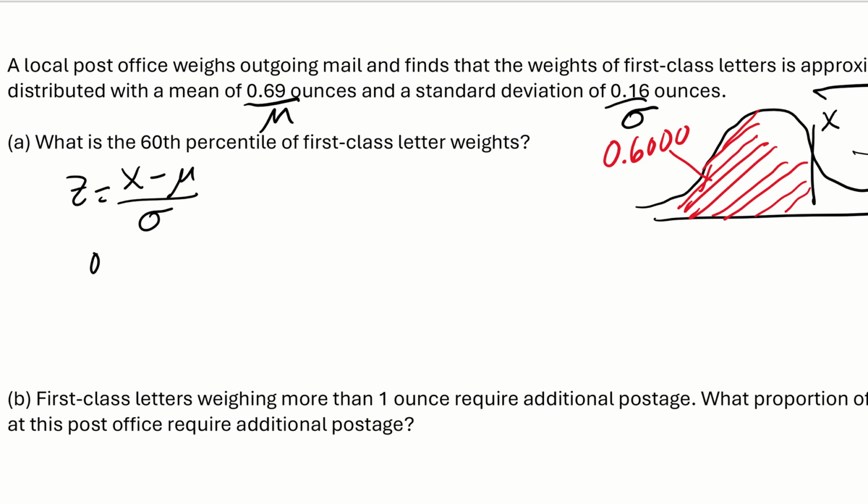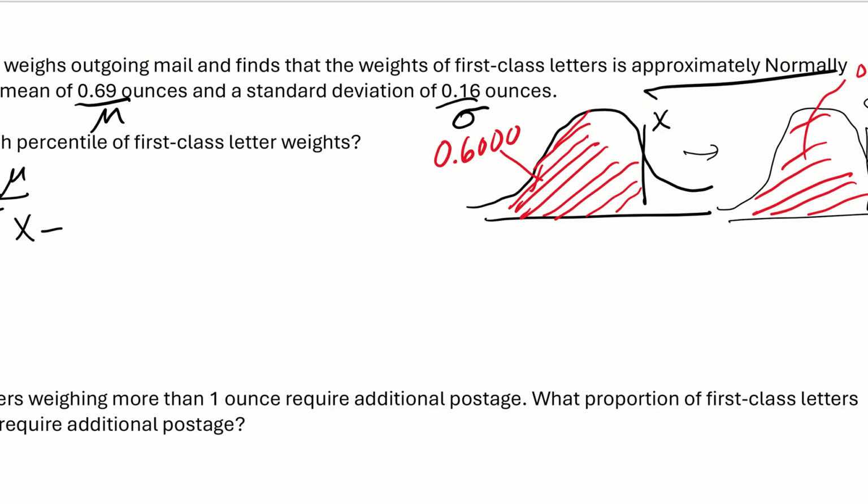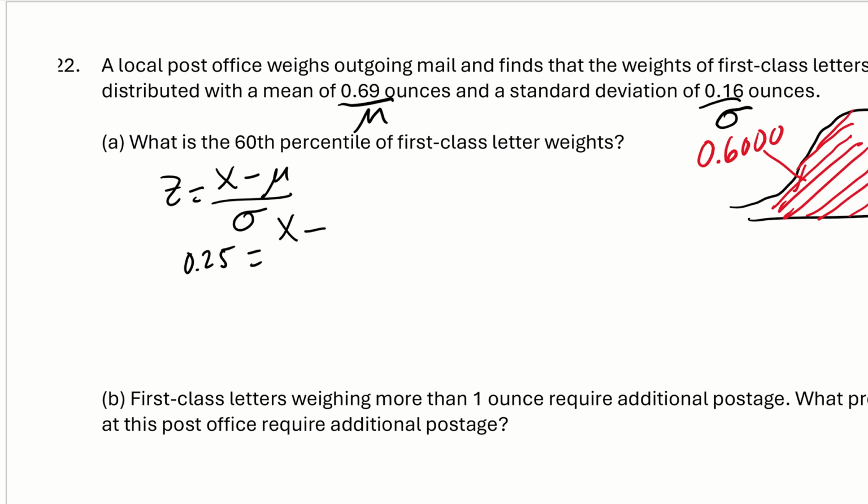We got the z-score is 0.25. Our x value we don't know, because that's what we're trying to look for. X is the question mark, right? Mean is 0.69, sigma is 0.16, and we're solving for x. Okay, so in order to solve for x, we've got to multiply both sides by 0.16.